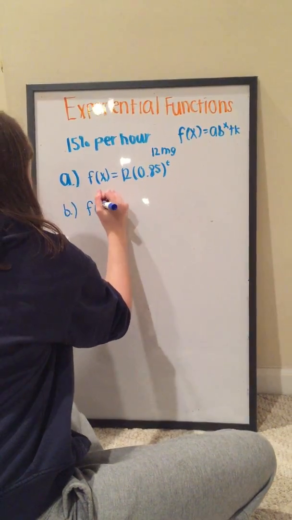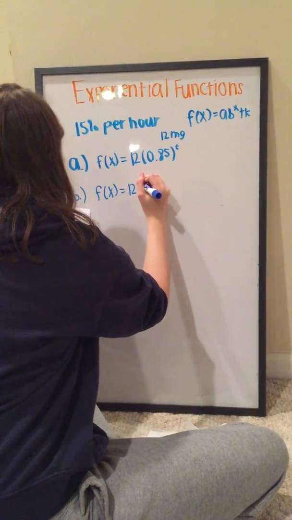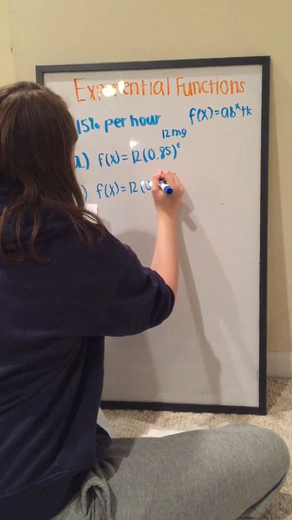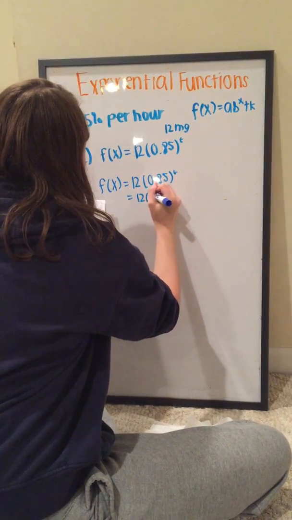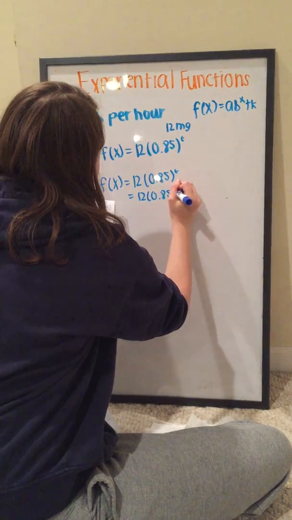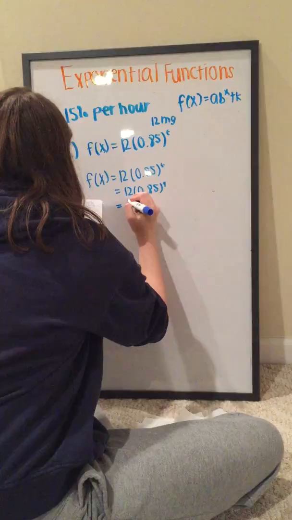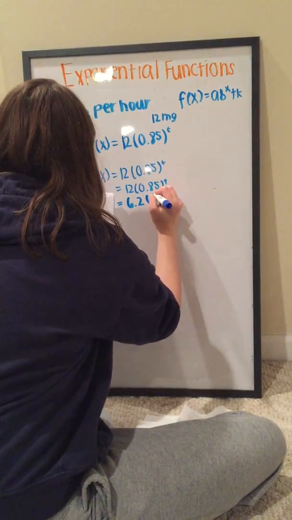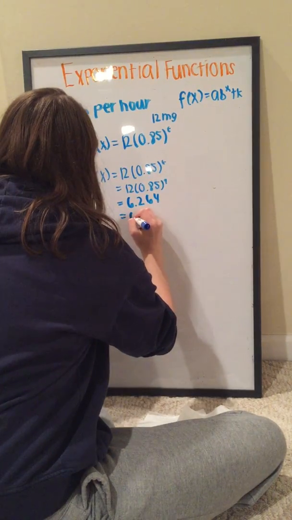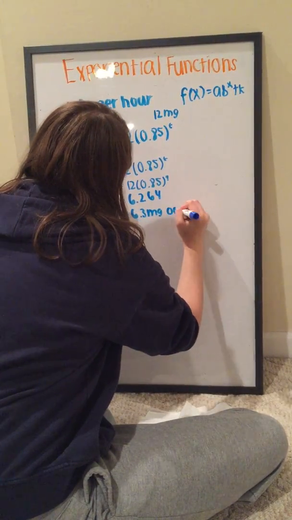So the function would be set up like this: f of x equals 12 times 0.85 to the t, 0.85 to the 4, and then that equals 6.264, which equals 6.3 mg of the drug.